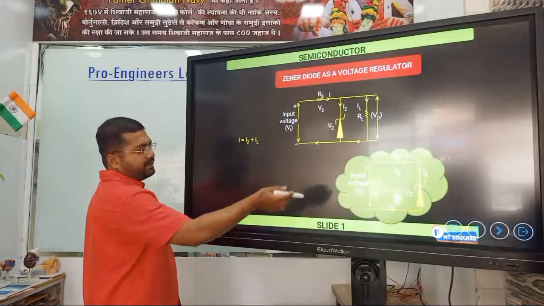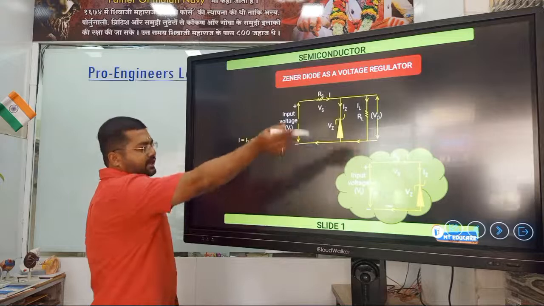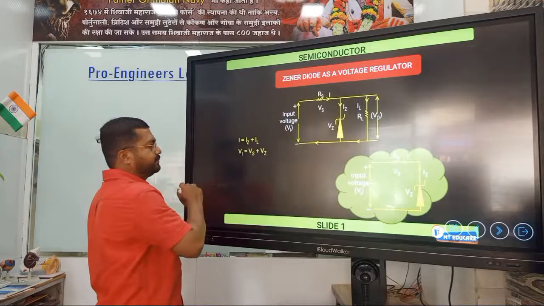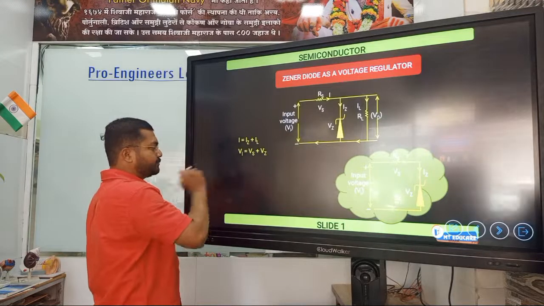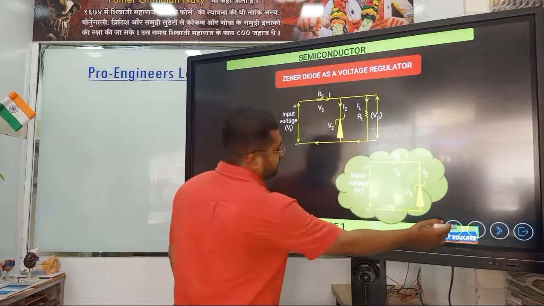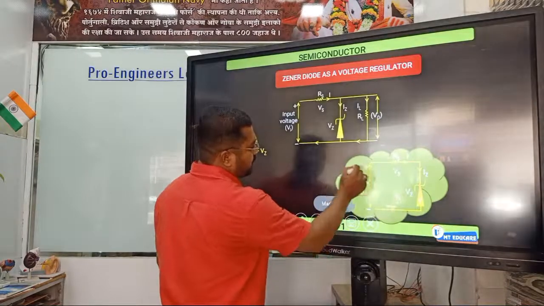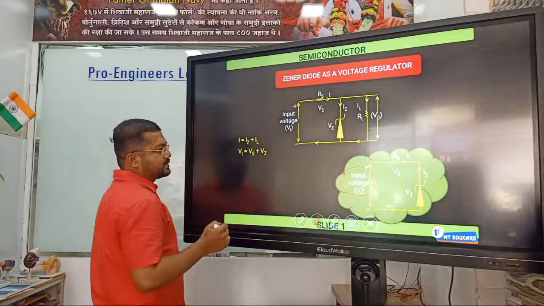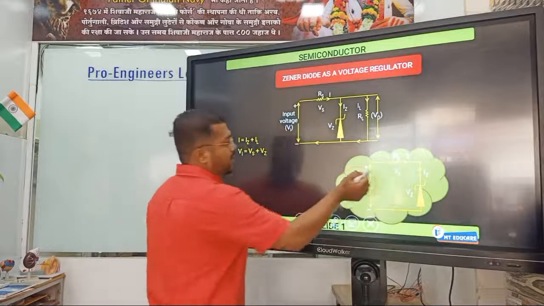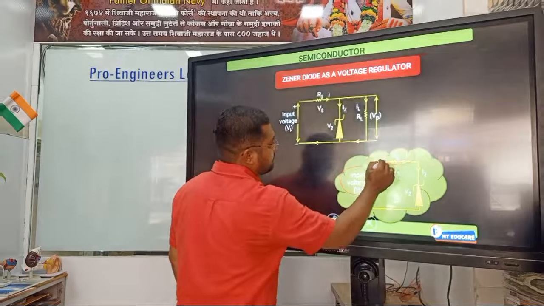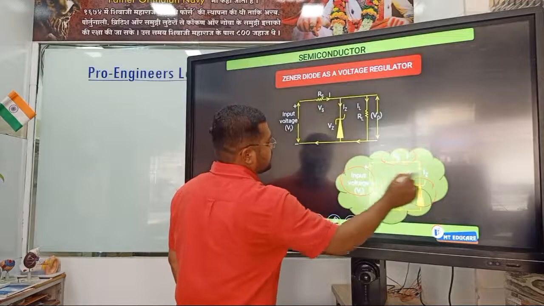Right? I is going to IZ as well as IL. Now, input voltage, we are talking about input voltage. VI is nothing but voltage across resistance and voltage across Zener diode.